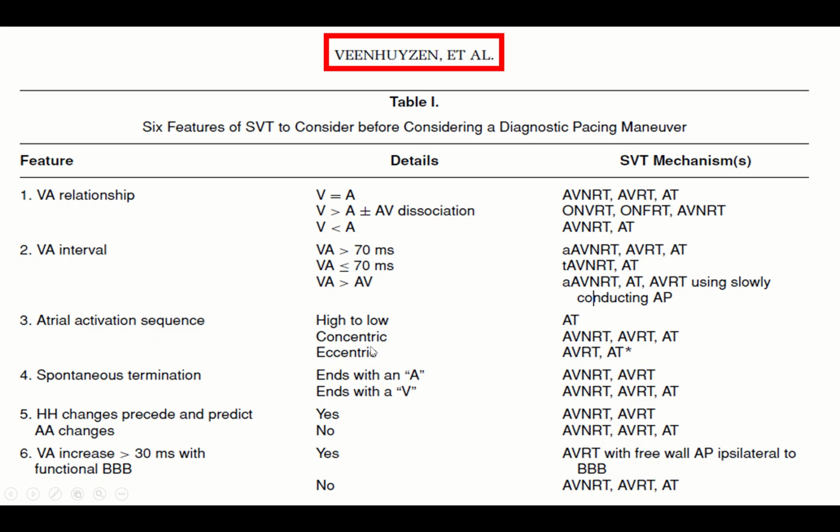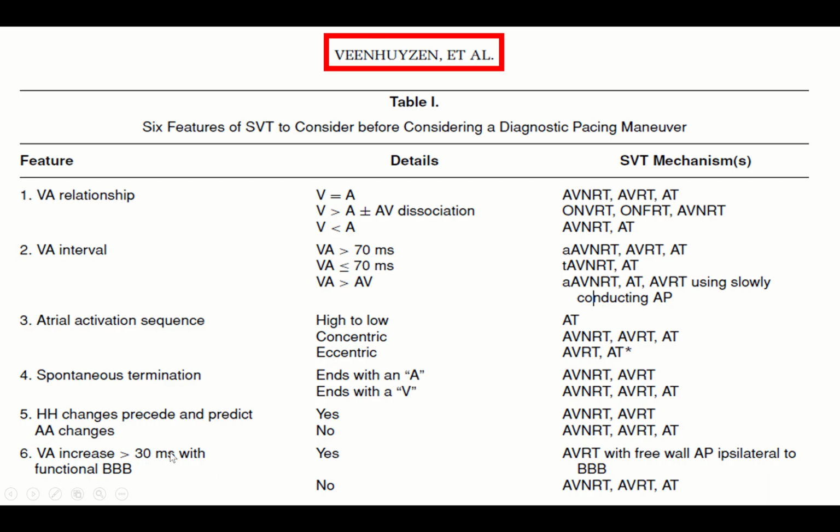Activation sequence: concentric, AVNRT, septal accessory pathway, atrial tach; eccentric, AVRT is likely. Termination with A, atrial tach is unlikely. Number 5, HH change precedes and predicts AA, it means it is His dependent, AVNRT or AVRT.